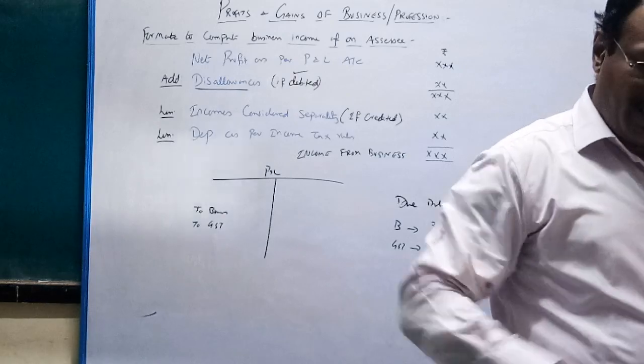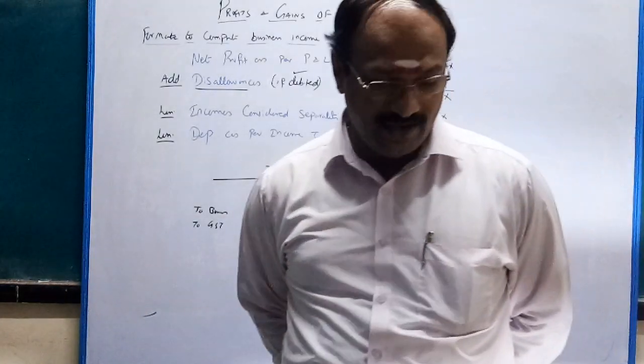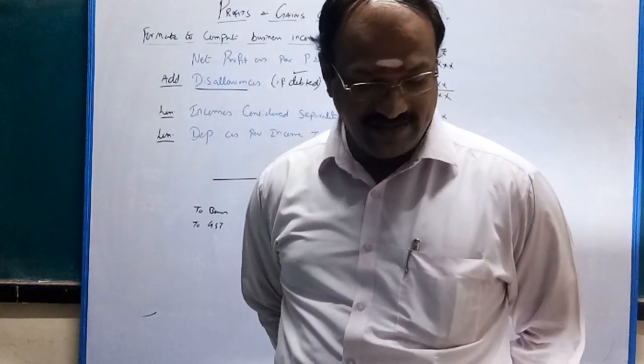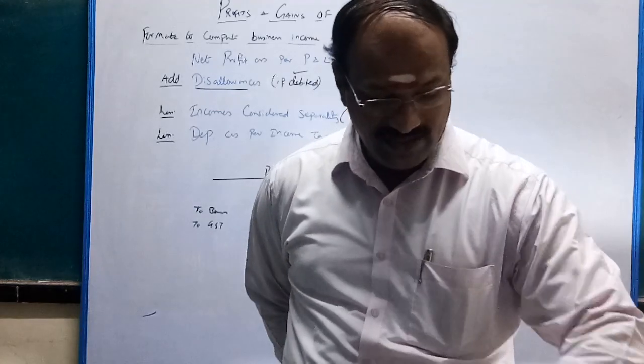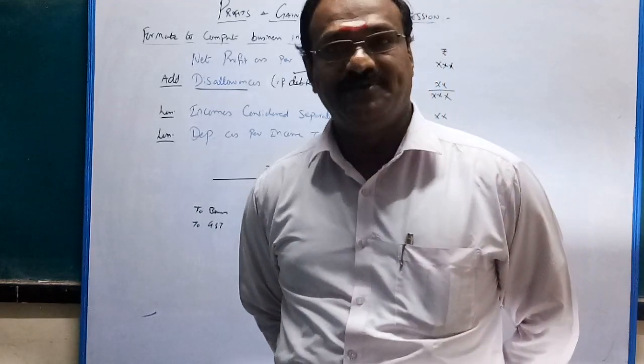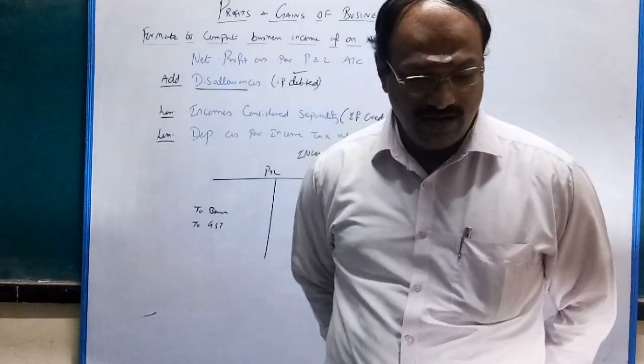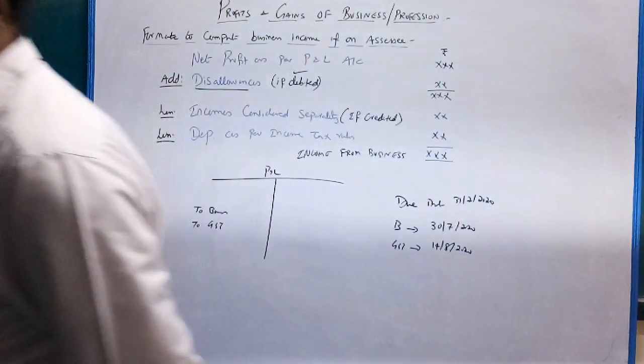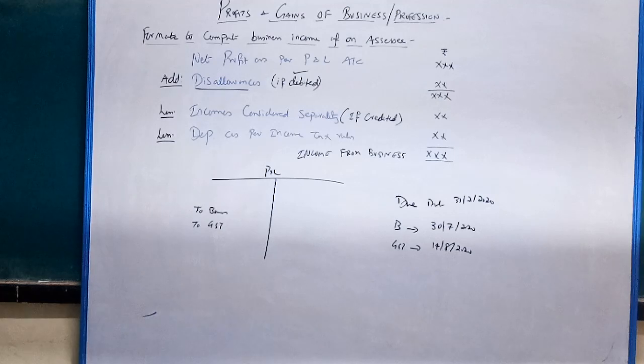Fine. The following items are debited in the P&L account of an assessee for the year ended 31/3/2020. State whether these items are admissible or inadmissible, that is, allowed or disallowed while computing business income. One by one.